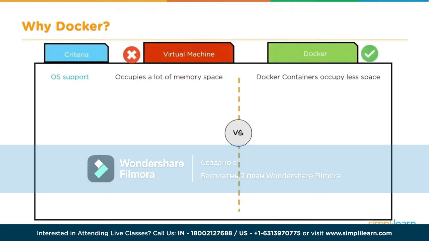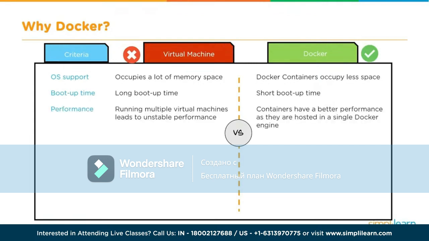So let's step through some of the pros and cons of a virtual machine versus Docker. First of all, a virtual machine occupies a lot more memory space on the host machine. In contrast, Docker occupies significantly less memory space. The boot up time between both is very different. Docker just boots up faster.